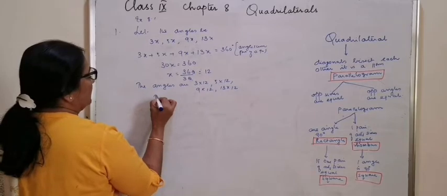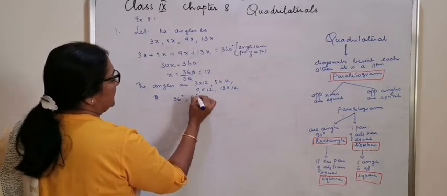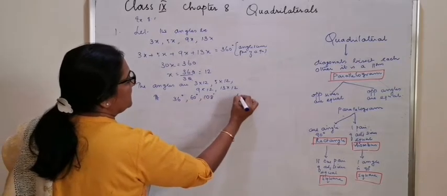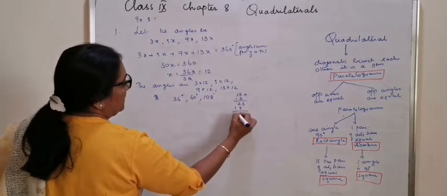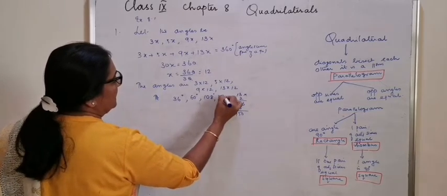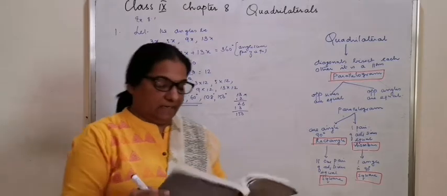That is, the angles are 36 degrees, 60 degrees, 108 degrees and 13 into 12, 156 degrees. These are the 4 angles of that quadrilateral.